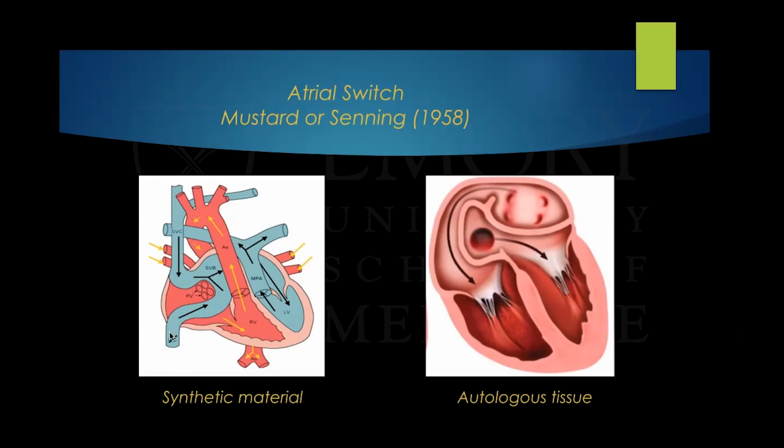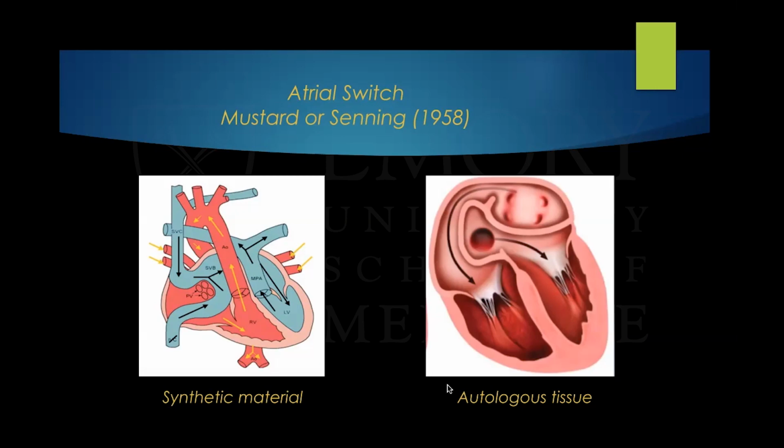They reroute the blood from the inferior vena cava and the superior vena cava into the left atrium through the mitral valve. Then the blue blood goes into the left ventricle and out to the pulmonary arteries. The pulmonary veins drain into this synthetic material, directly into the right atrium, then into the right ventricle and out to the aorta.